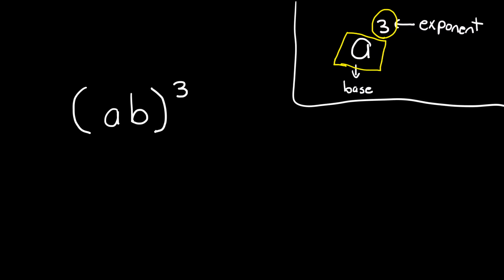Let's move on to our motivational example here, where we have open brackets a times b close brackets to the power of 3. Now, what is the base? The base is everything inside the bracket here. That is the entire base.